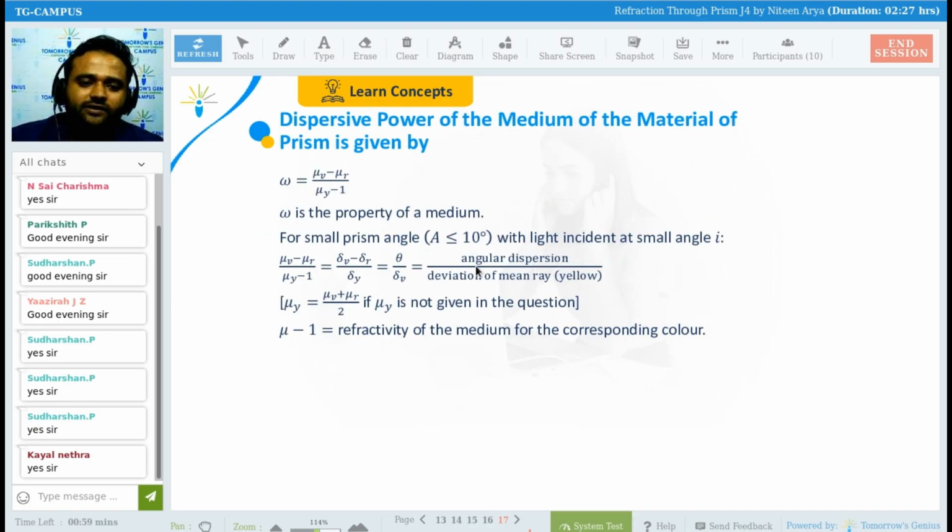Next thing. Now this is the dispersive power. So what is the dispersive power? Dispersive power of the material medium is the property of a medium, how much it is going to deviate.